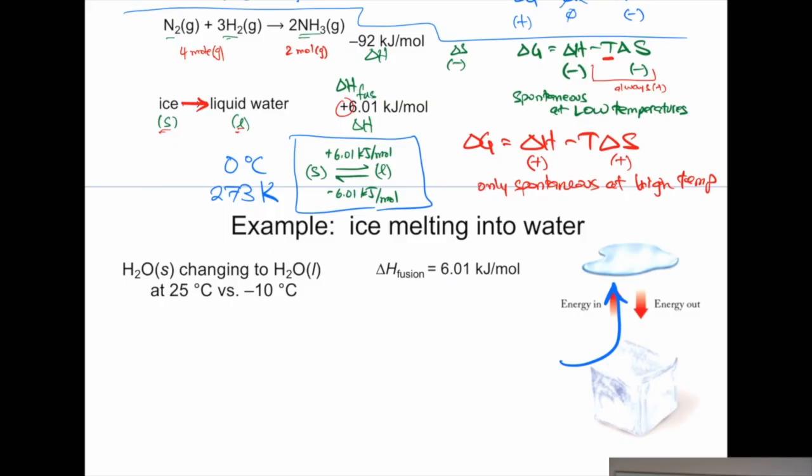Even if you take an ice cube and put it at room temperature, let's say 25 degrees, which is what this problem is posing, we know that the ice cube is going to melt into water. We know this. So we know that it's going to be spontaneous. The ice melts spontaneously if we're at 25 degrees.